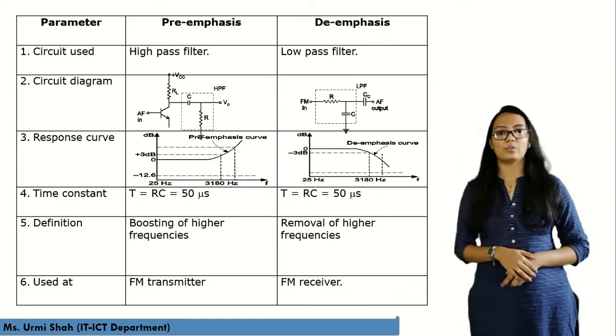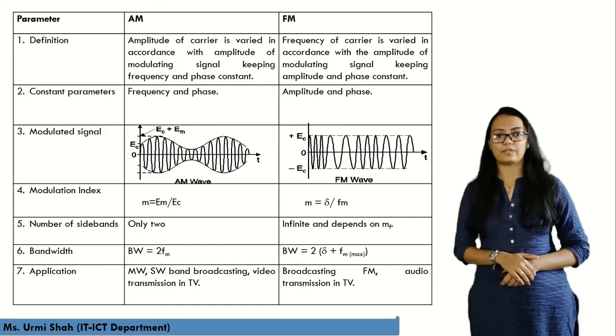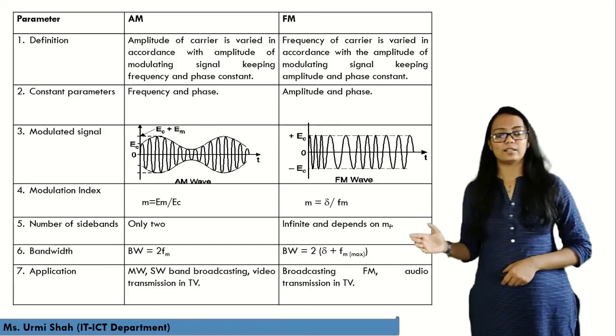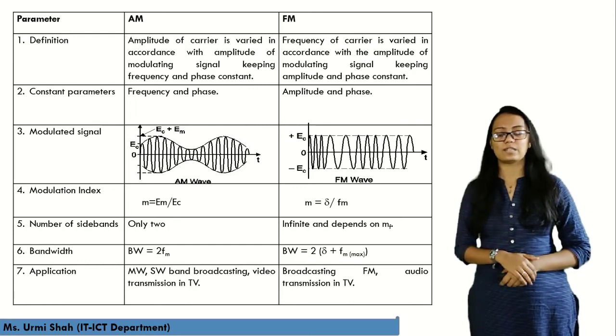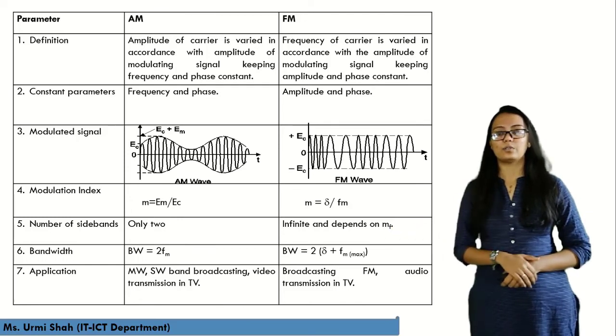Again, we have a comparison between AM and FM, which we have discussed already. You can look here at the basic differences: we are performing amplitude modulation in AM and in FM we are performing frequency modulation.